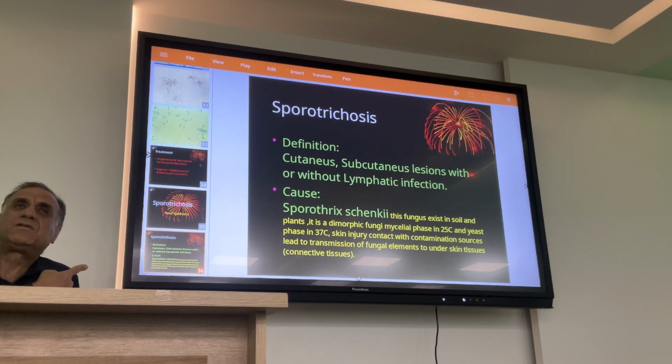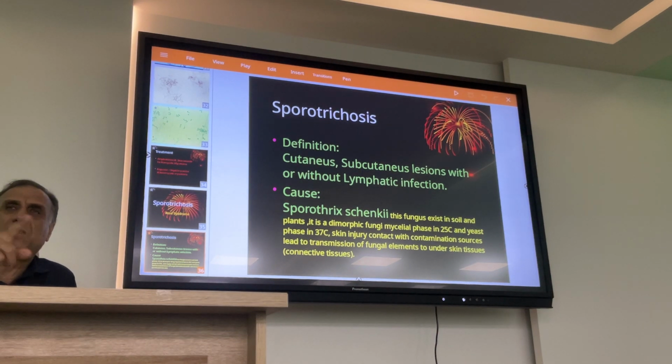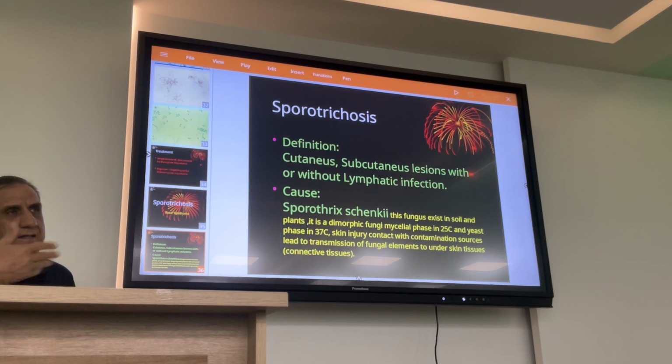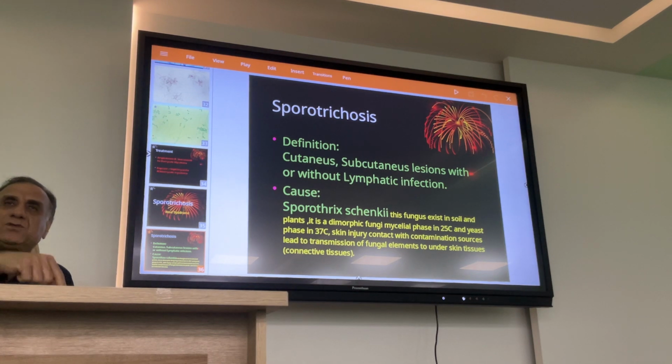In soil, outside the body, it is in mycelial form. When it enters the body, it changes to yeast form because it tolerates body temperature. The pathogenic form of this microorganism is the yeast form.